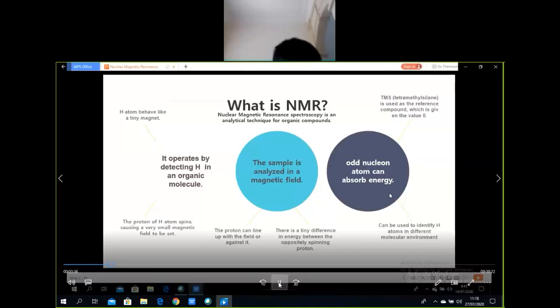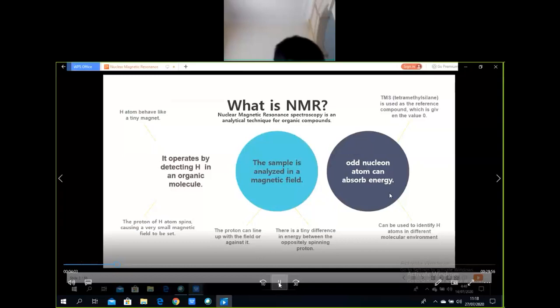So this tetramethylsilane gives only one sharp absorption, which is called a peak. This peak is at a higher frequency than most other protons. All the other absorptions are measured by their shift away from the TMS line on the NMR spectrum.